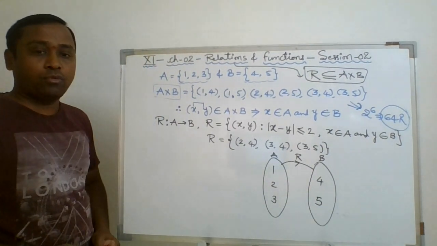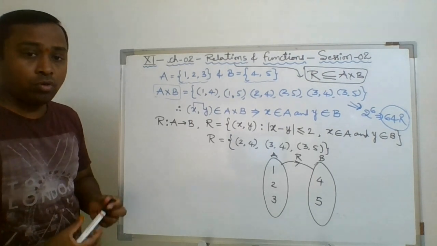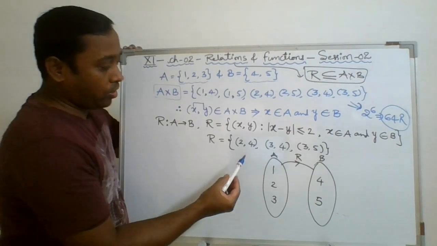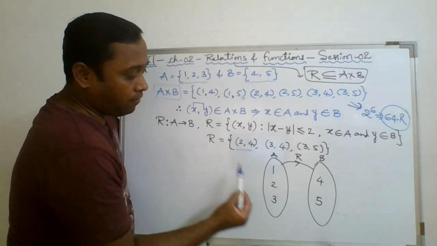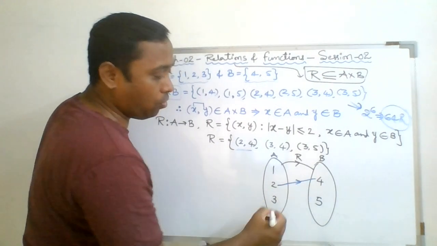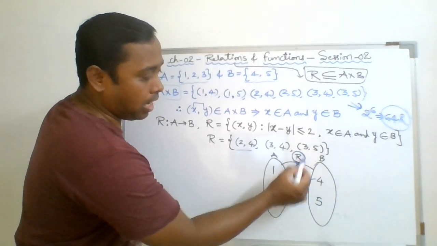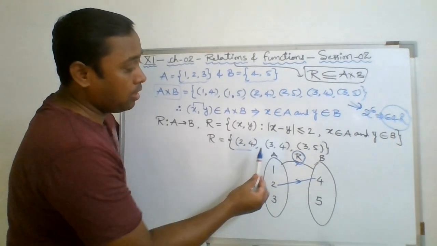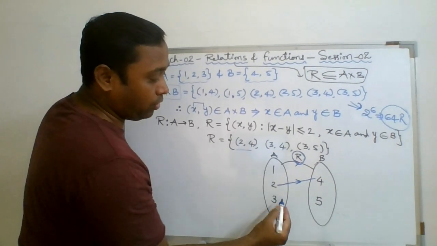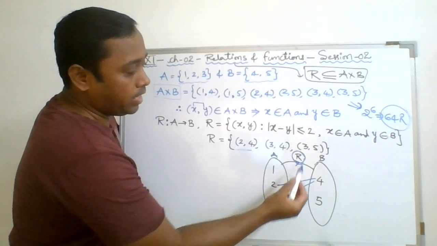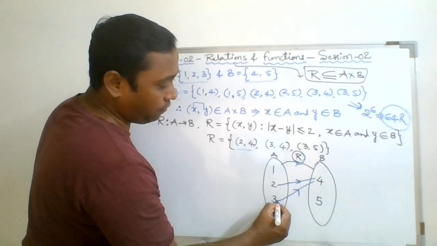Now just try to connect those ordered pairs which are in the relation. So here we have listed 2 comma 4. So 2 is related with 4 under the relation R. In this relation, 2 is connected with 4. 3 is related with 4, and 3 is also related with 5.